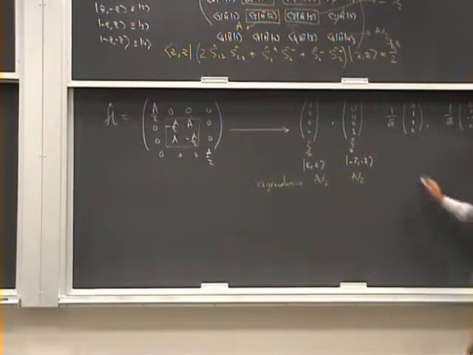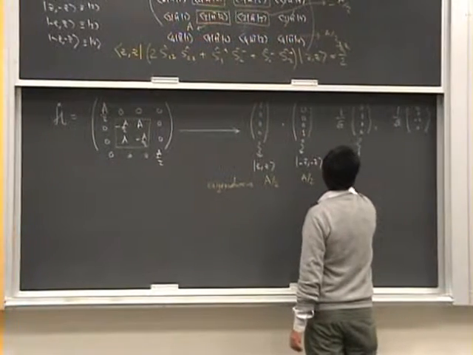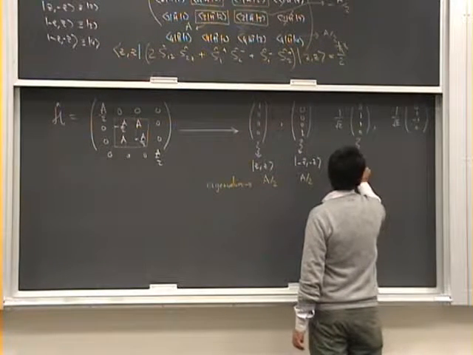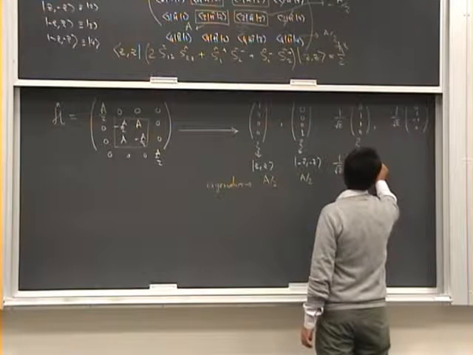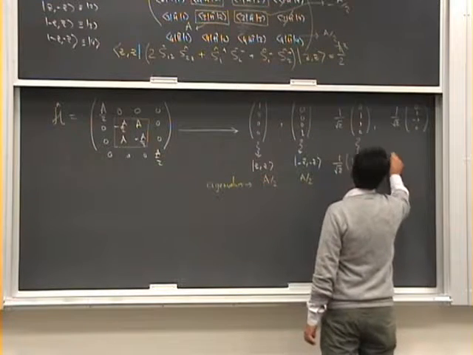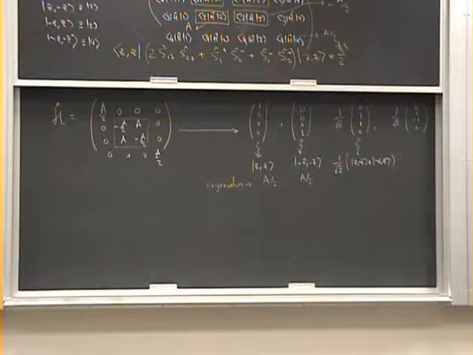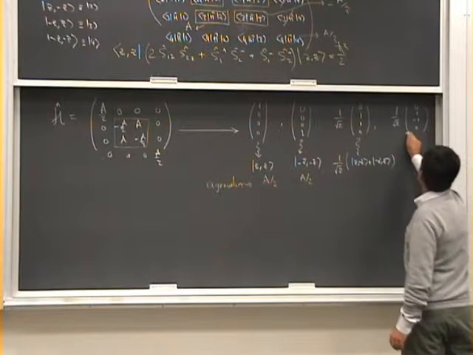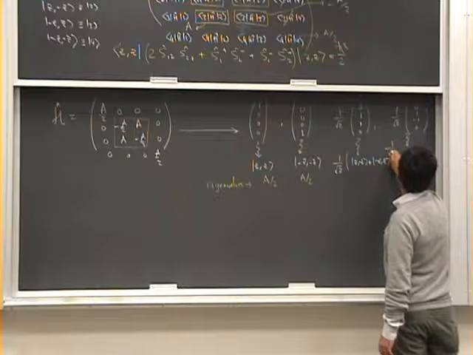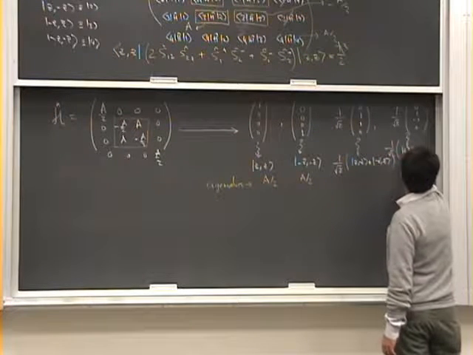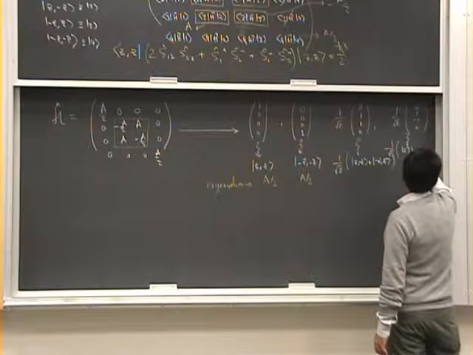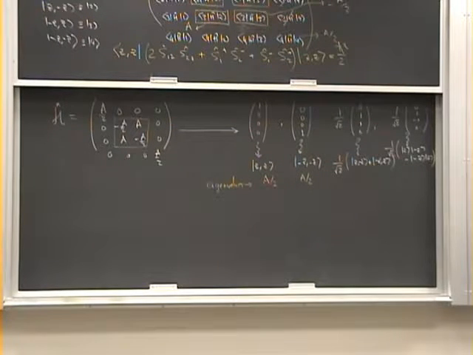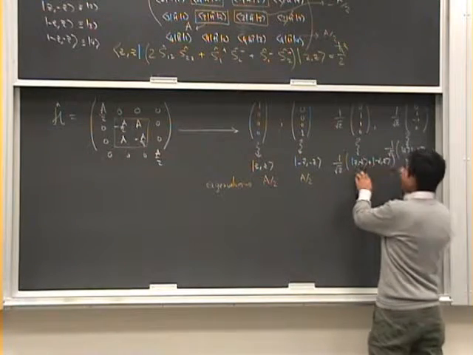And so this corresponds to 1 over root 2 ket plus z minus z plus minus z plus z. And this corresponds to 1 over root 2 ket plus z minus z minus minus z plus z. Okay, and now we have to find out the eigenvalues.